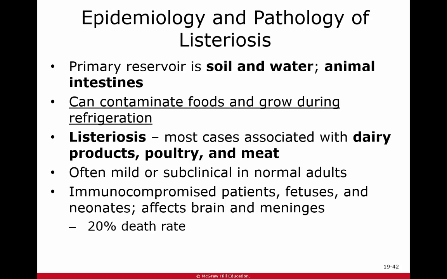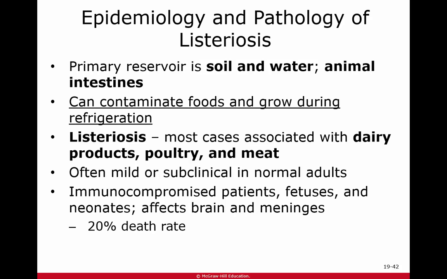Well, with Listeria, it can still grow and flourish. So we typically think of listeriosis as associated with dairy products, poultry, and meat. Probably all of us have been exposed to Listeria at some time or another, but we just maybe get a little mild gastrointestinal distress, nothing major.